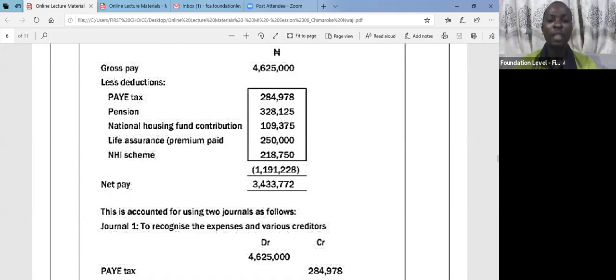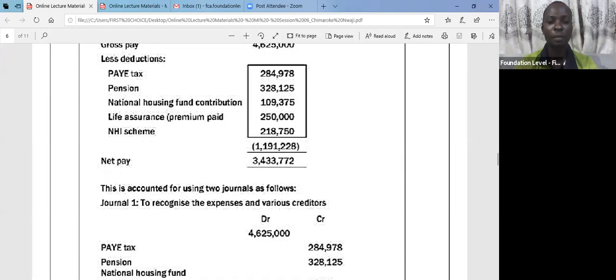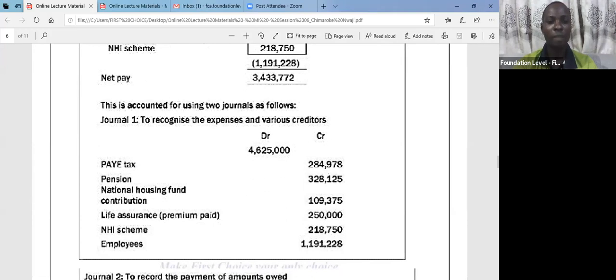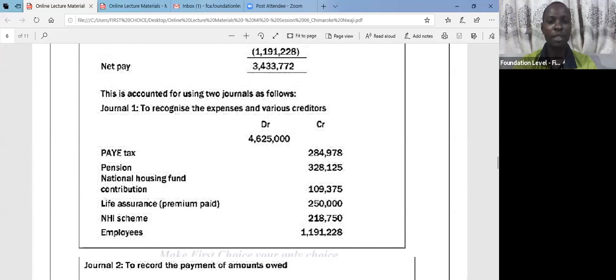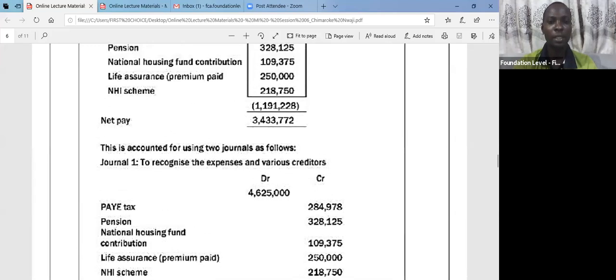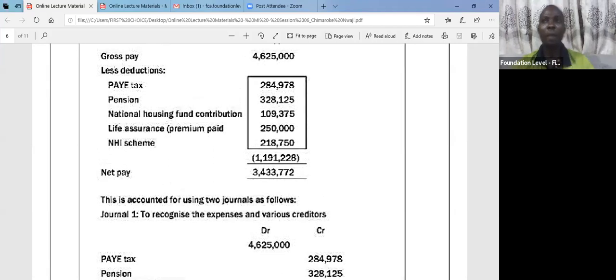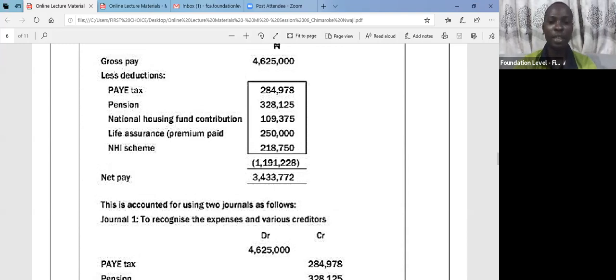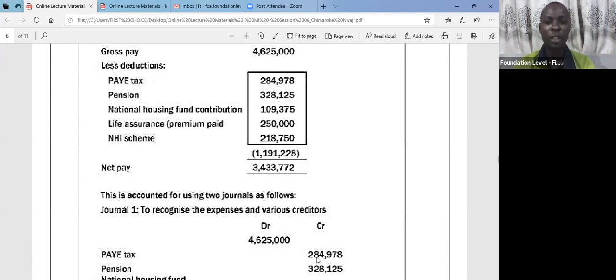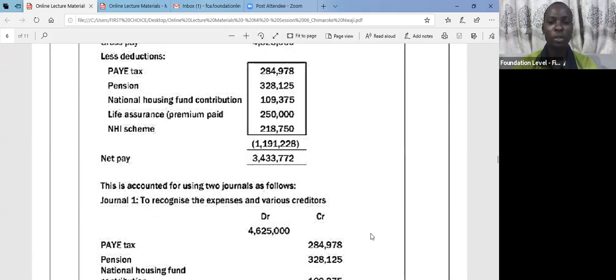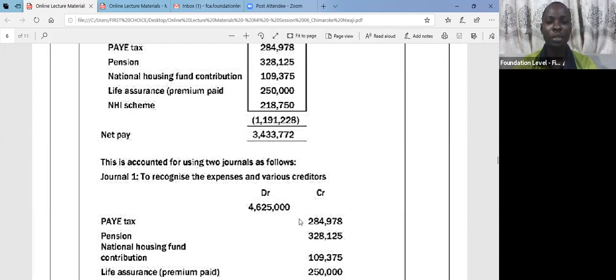So you are debiting the employee's gross salary. Then all these deductions are taken as creditors also. So you are crediting all of these.